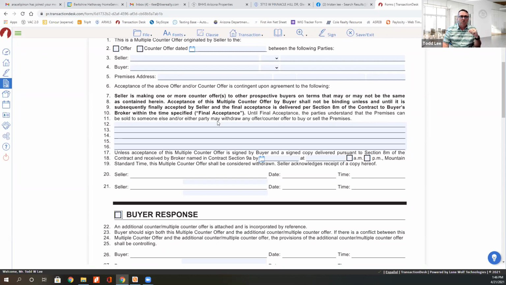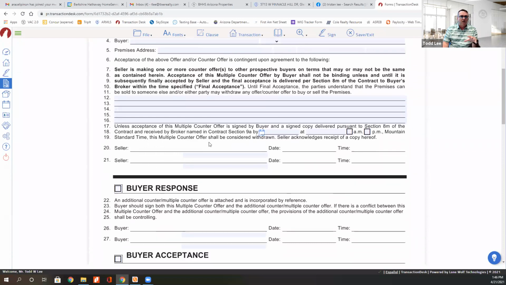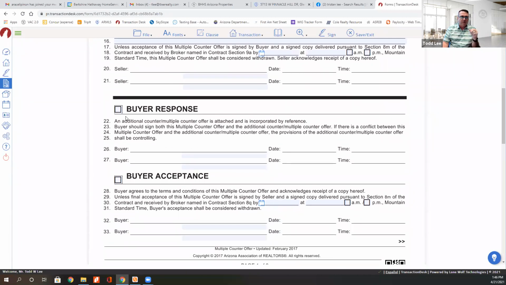All right, until final acceptance, the parties understand that the premises can be sold to someone else and or either party may withdraw any offer or counter offer to buy or sell the premises. So until this is fully ratified, even if this is initiated by the seller, and they give the buyer a chance to respond by such and such date, signed by the seller, the buyer's response is: if the buyer responds and says, here's my response, you would check this box if you were going to be issuing another counter offer back to them, if you're not just accepting their offer.